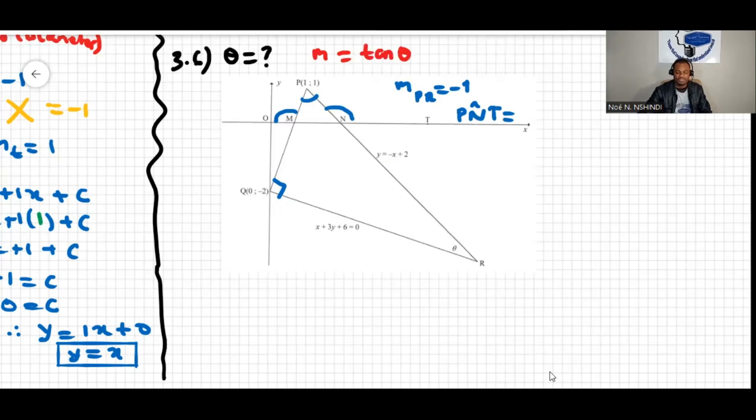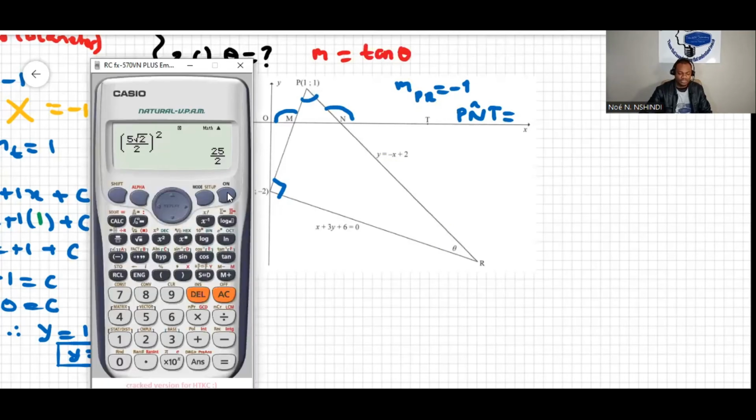This will be tangent inverse function. We press shift, tan, then -1, and when we hit equal, that makes -45 degrees.